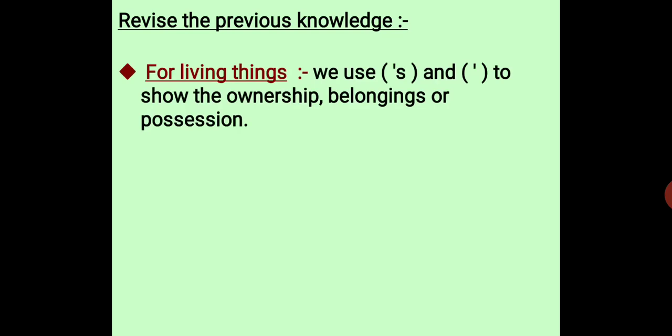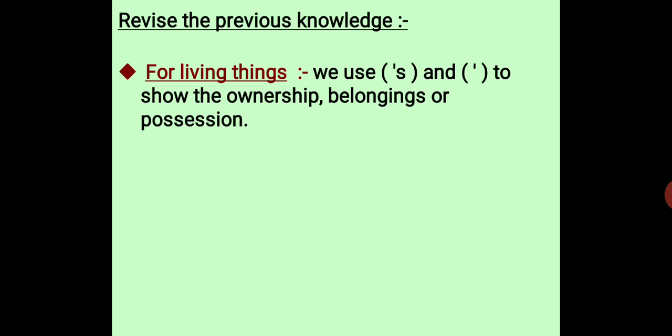We had learnt that the noun shows possession in different ways. The ways are different for the living things and for the non-living things. Let's see and revise. What are the rules for living things?